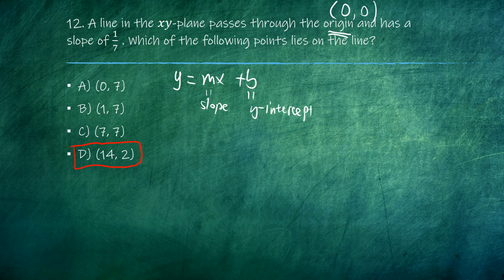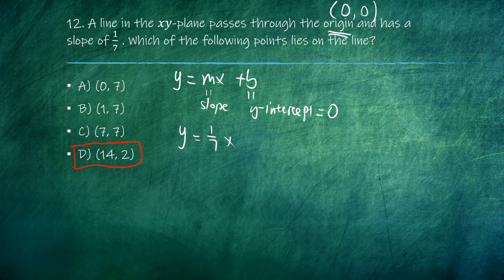And we know in this case, b is equal to 0 because it passes through the origin. So really, our graph will be in the form of y is equal to 1 over 7 times x. So you could manually plug x into each of these and solve for y and see which is the answer. Or you can also plug y into each equation and solve.